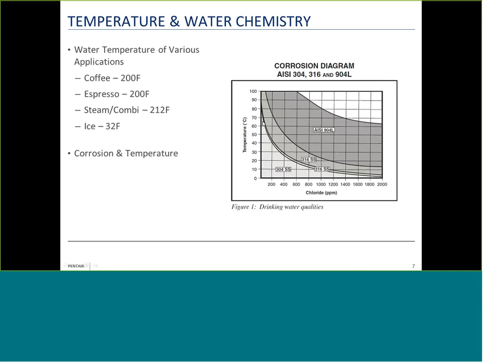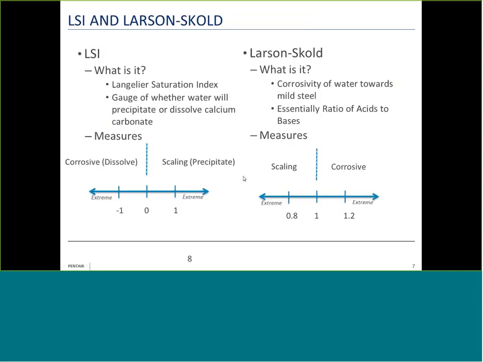And an interesting effect of temperature is as temperature increases, scale wishes to form. So we know if we have a 0 LSI at room temperature, as we heat that water, that number is going to become positive. And there's even examples of water that starts out as negative, slightly corrosive to calcium carbonate, but once it's heated, it becomes scale forming. So temperature is very important to the formation of scale.